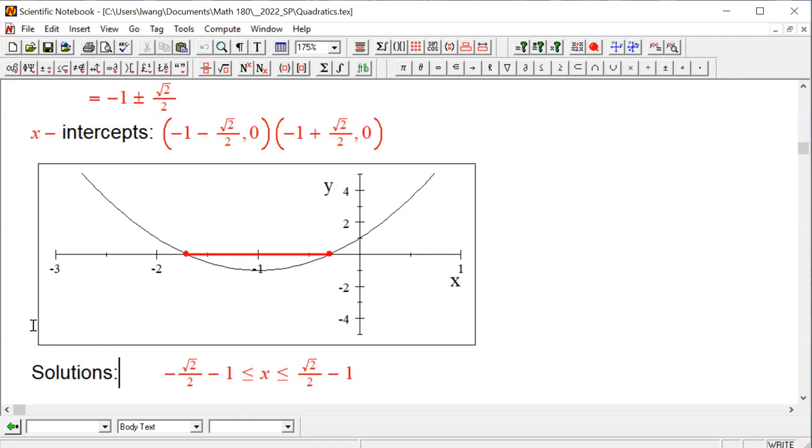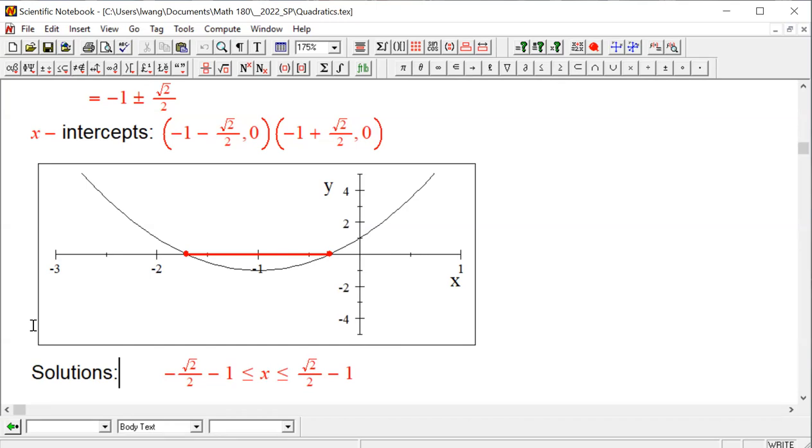Okay, so by this time, I think you have seen, I would say, 99% of the cases of solving quadratic inequalities.